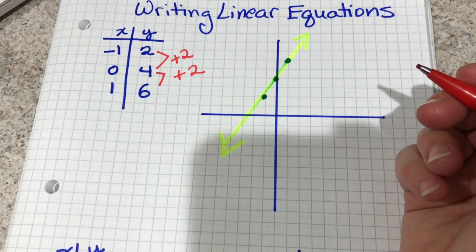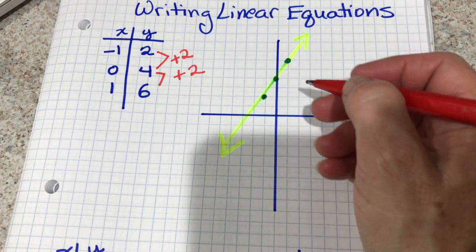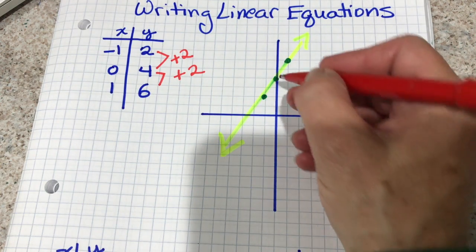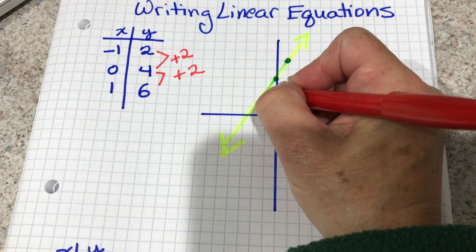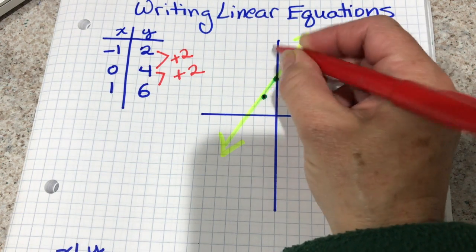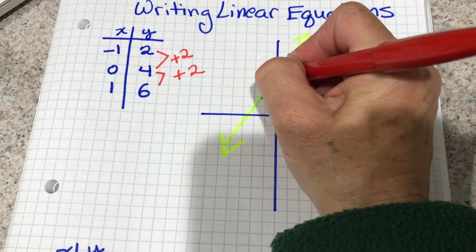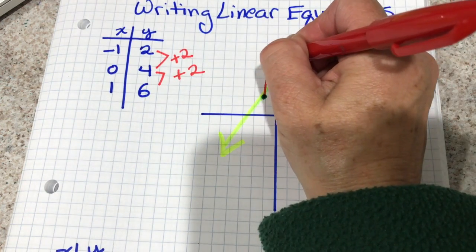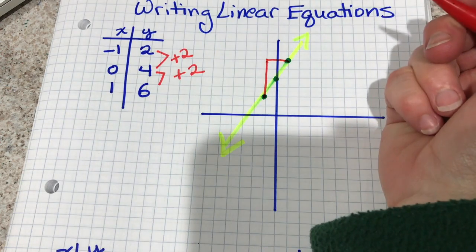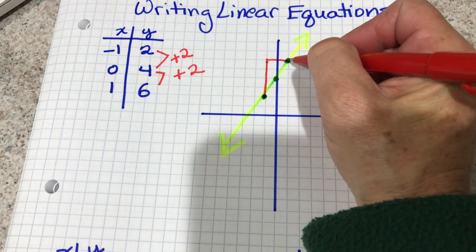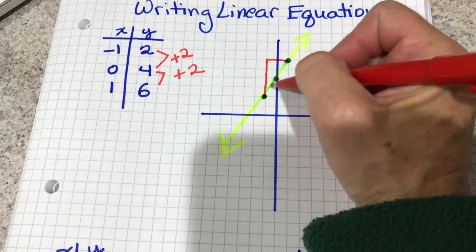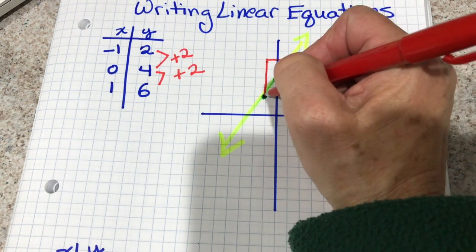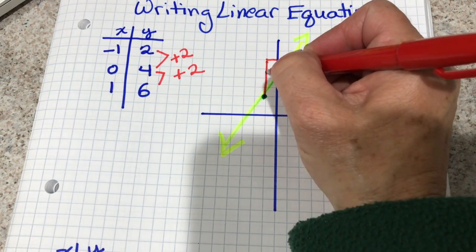The second way that we can show the rate of change is by drawing a slope triangle. A slope triangle says we take one point on the graph on a grid line and make a triangle to another point on the graph. Make sure the points we pick are where two grid lines intersect. On this side, we're going up 1, 2, 3, 4.